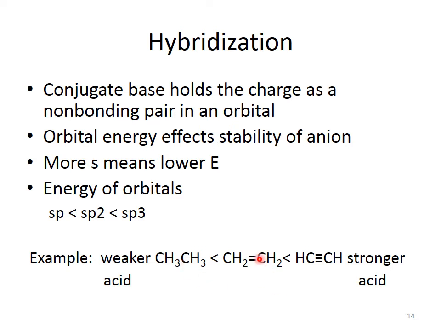When this atom loses a proton, the negative charge is held in an sp2 orbital. And when this atom loses a proton, the negative charge is held in an sp orbital. That means that this is the weakest acid because that negative charge is going to be in a high energy orbital. This is the strongest acid because that negative charge is held in a low energy orbital.